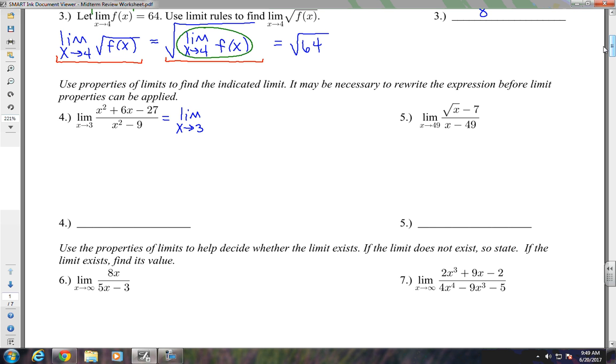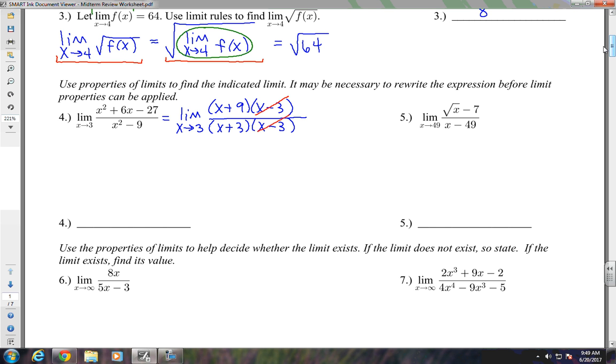So the numerator, x squared plus 6x minus 27, factors easily as x plus 9, x minus 3. And the denominator, which is the difference of two squares, factors as x plus 3 times x minus 3. Now, in factoring, notice we have a common factor between the numerator and the denominator. That means we're going to be able to reduce that fraction.